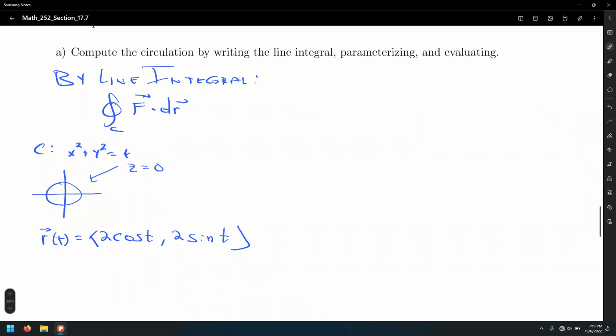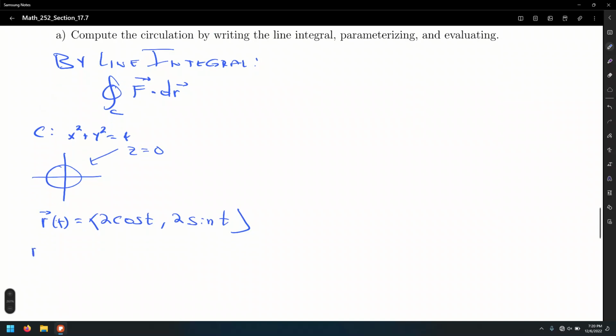Again, as a brief review for line integrals, we need to find the derivative of this vector valued function and find its magnitude. That is negative 2 sine t, 2 cosine t.